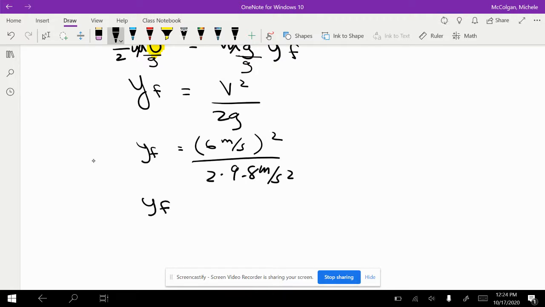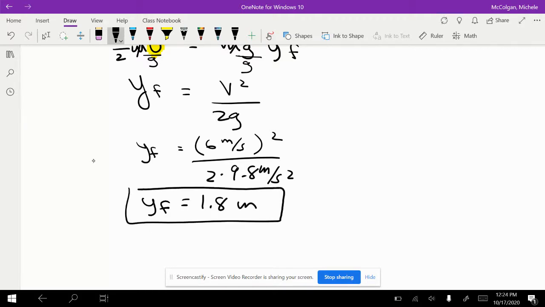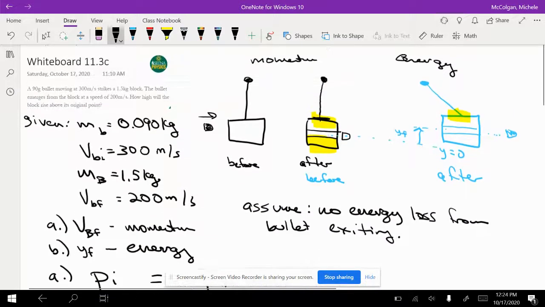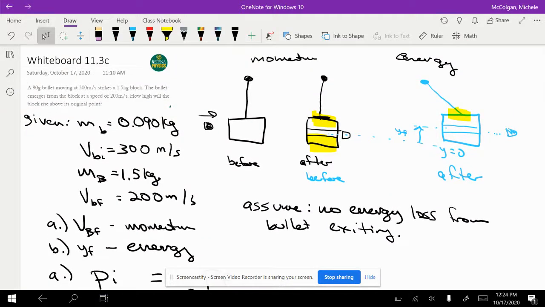The y final is equal to 1.8 meters. So that's the height of the block. We go back up here. The height that the block reaches is based on the collision and the energy that it gained from the bullet hitting it, and then we see the rise in energy going from kinetic to potential energy.